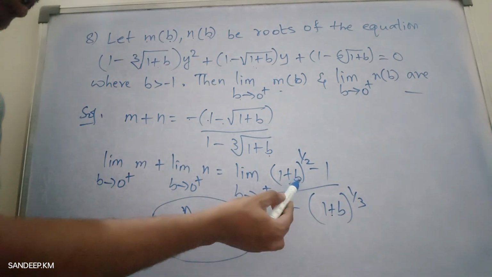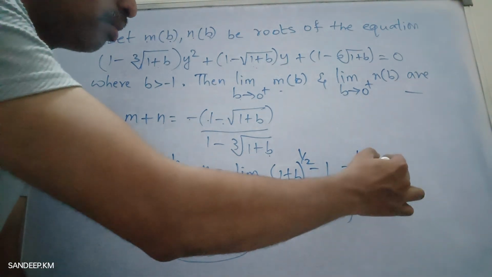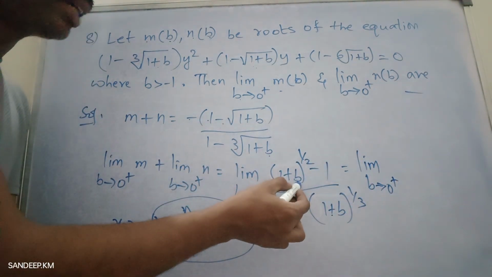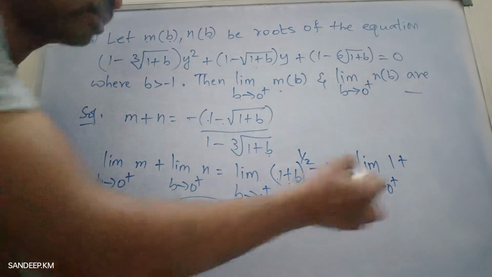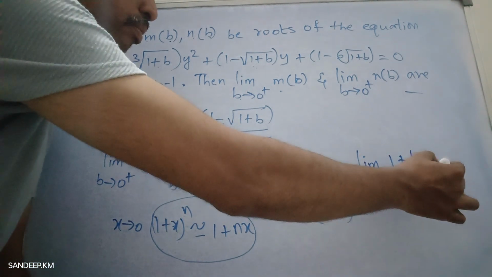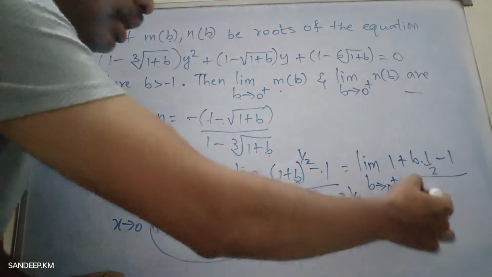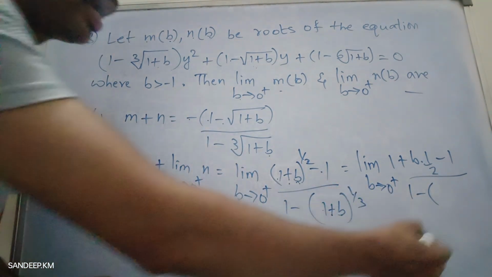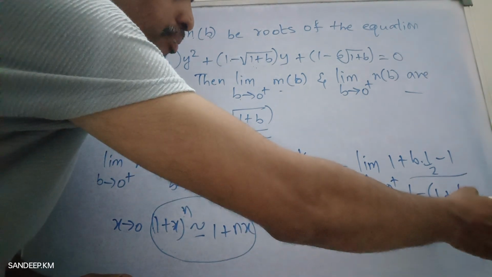Now this b approaches 0, so we can write limit b approaches 0 plus, 1 plus x whole power n as 1 plus n into x, that means b into 1 by 2. And here we also have minus 1 whole divided by 1 as it is minus of, again 1 plus x whole power n is 1 plus n into x, that means b into 1 by 3.